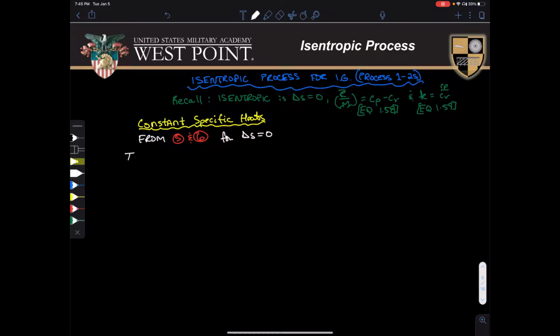First, we can relate our temperature at isentropic state 2 divided by the temperature at 1 equal to the specific volume at 1 divided by the specific volume at state 2s, all of that raised to our specific heat ratio k minus 1. This is equation 6.50.